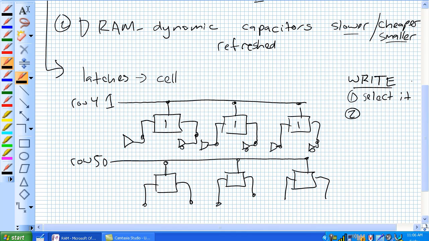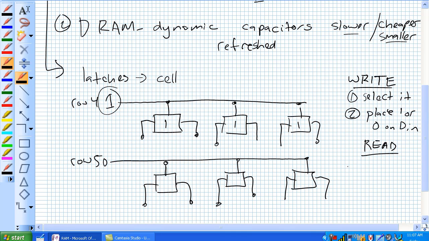So first off, let's finish up write. So write was placing 1 or 0 on DN. And we'll go back to the buffers. I don't want to confuse this drawing just yet. I'll confuse you later. Okay, so read it, opposite of writing. Yep, got to select it again, to read what's on data out. In this particular case, 1, 1, 1.